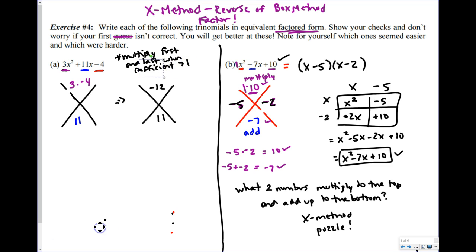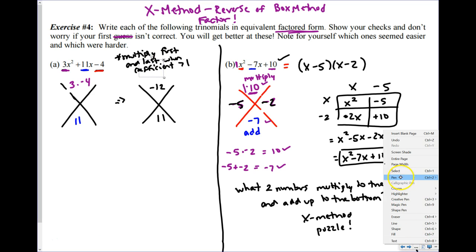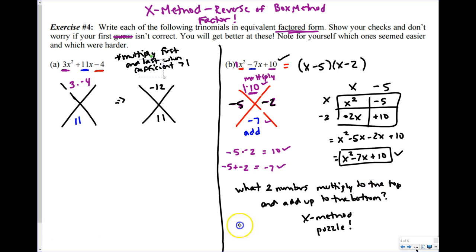Okay? Now you solve the puzzle the exact same way. You're still looking for two numbers that multiply to -12 that add up to 11. So I'm going to write out my factors for -12.